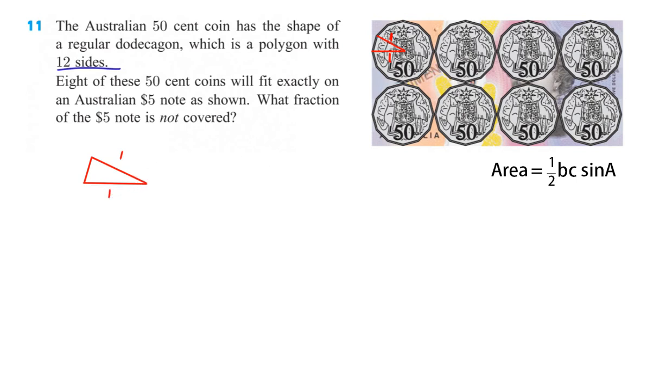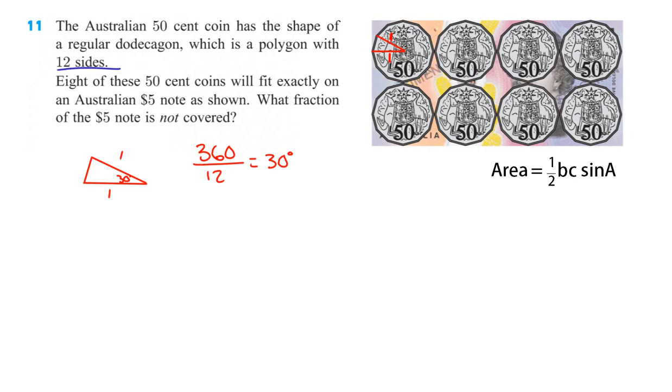Since we know that there are 12 total triangles, there's 360 degrees. Each of those 12 triangles is going to share the 360 degrees. So we do 360 divided by 12, and we get that each one of those angles is 30 degrees, right?